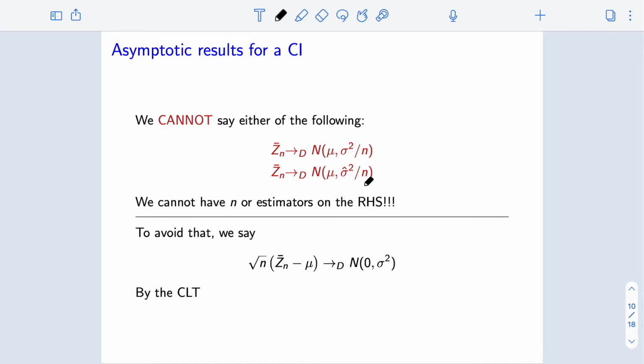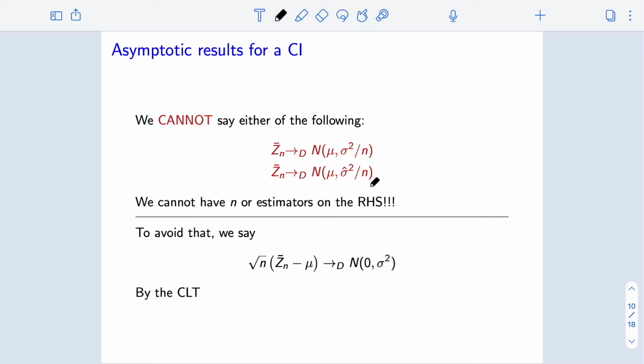Not only do we have this n on the right-hand side that's not allowed, we also have a sigma hat on the right-hand side. That additionally is not allowed because sigma hat is an estimator based on data, so it's stochastic. So again, we're not really allowed to have any n's or anything that depends on the data on the right-hand side of this convergence in distribution. We have to be very careful there.